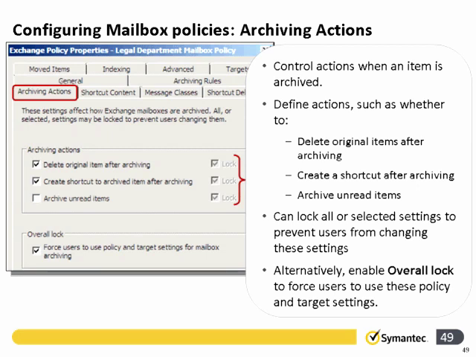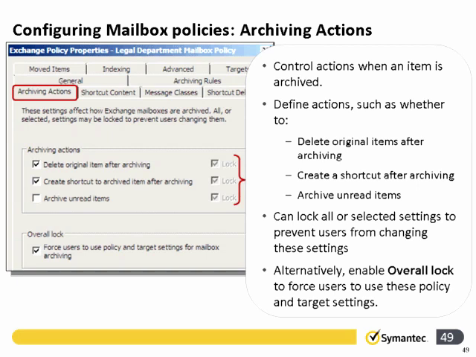This is showing you the default settings. By default, we assume that you want to delete the original item after archiving and create a shortcut to the item after archiving, but you typically would not wish to archive items that haven't been read.